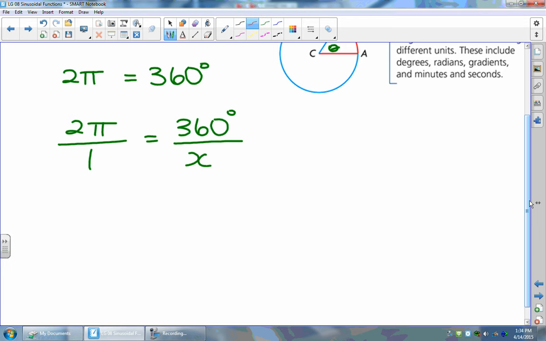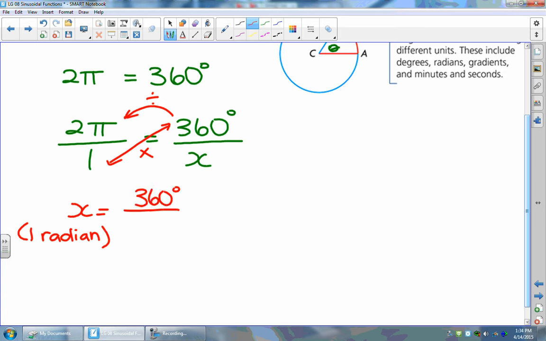Then what we need to do is cross multiplication. So we're going to multiply across, and then we're going to divide by 2 pi. So x, which represents 1 radian, is equal to 360 degrees divided by 2 pi, because there's 2 pi radians in 360 degrees.